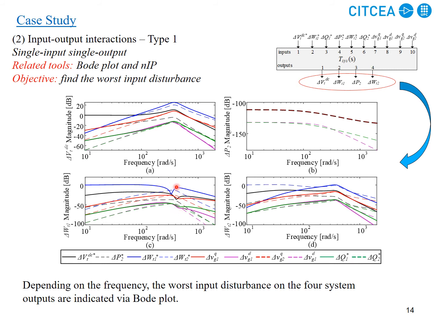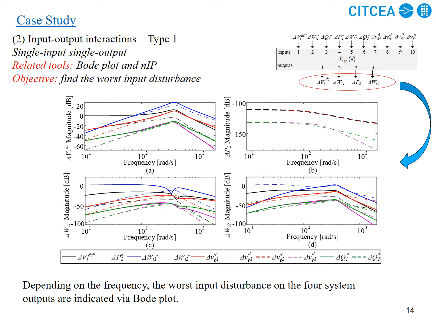Here also it is observable that there is a frequency band around 300 radian per second where the other inputs of the system become important. For example, at low frequency, it is only the reference for the DC voltage, which is normal, that the reference has the largest impact. But as we pass through 300 frequency, the reference is not the most influential parameter to the output.